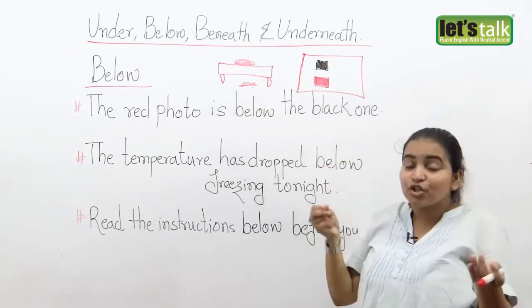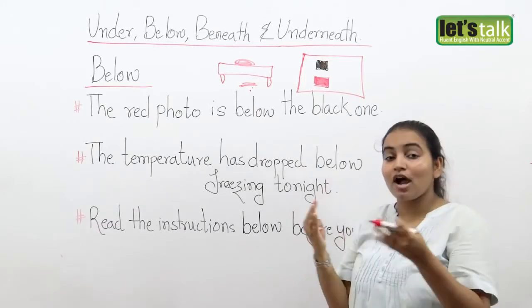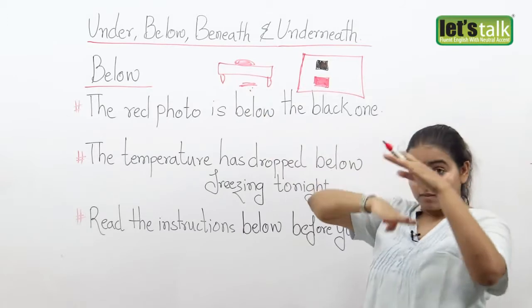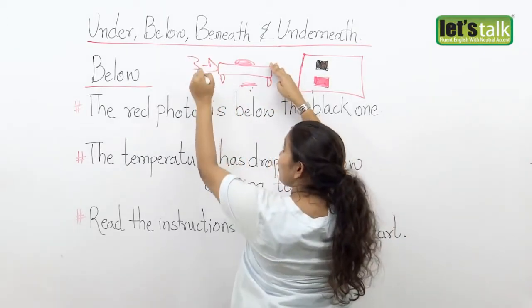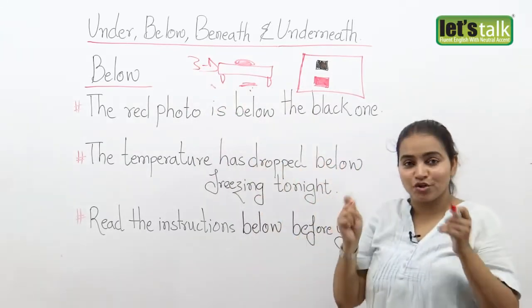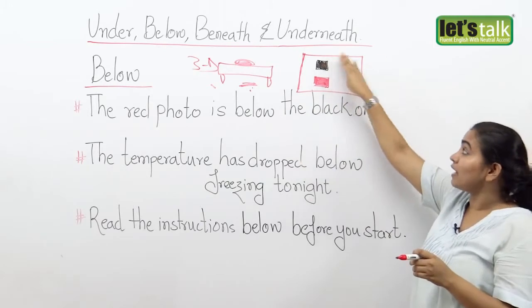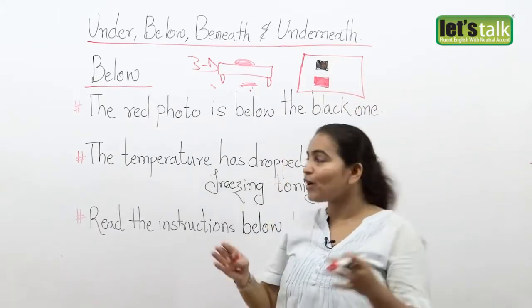No, I will then use the word under, because when I explained under, I clearly mentioned that anything that is under a three-dimensional object will always have under used in it. But when I'm talking about a plane surface and I'm comparing the levels of two things, it is always the word below.